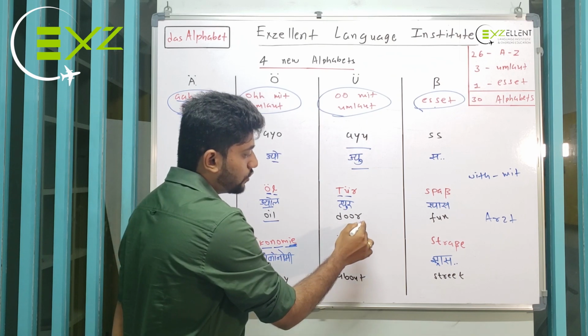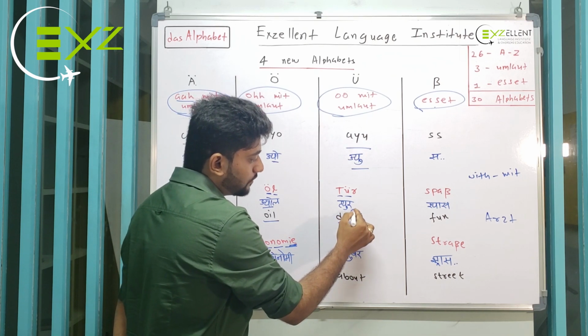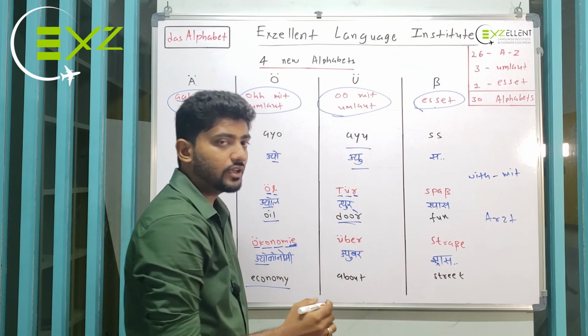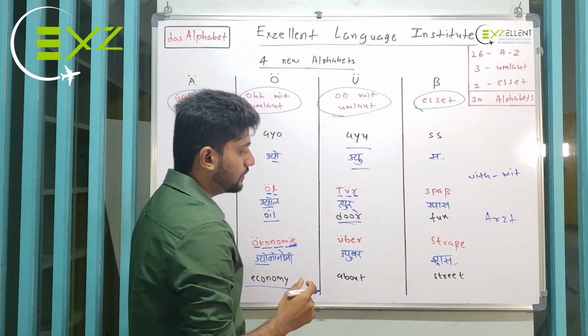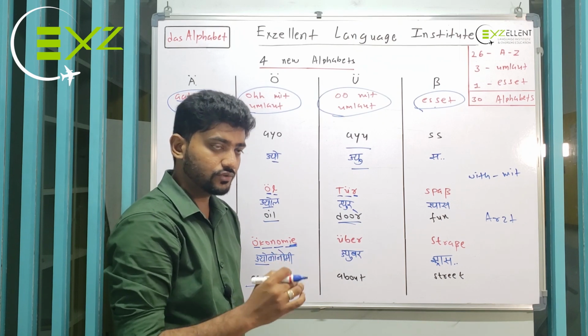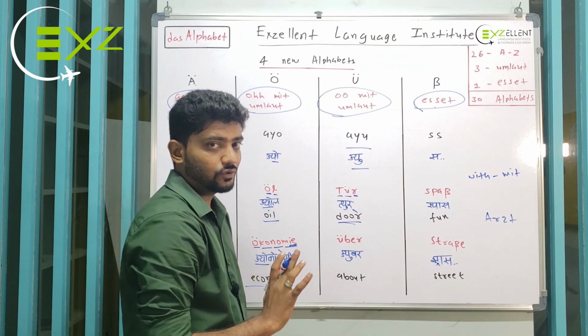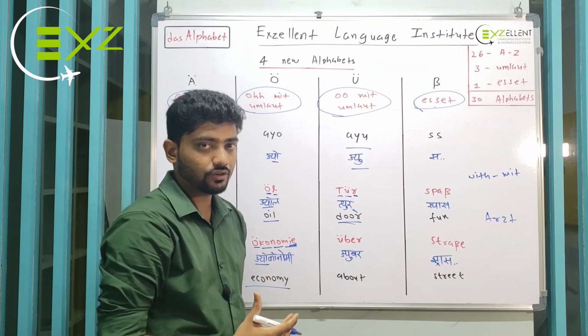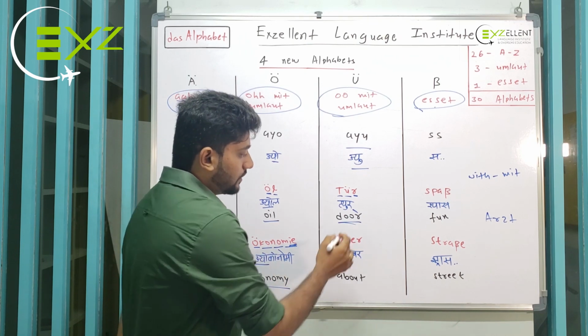Tür means door. See here, R we are pronouncing really less. We cannot say that R is silent here, but the pronunciation of R will be really less. So pronunciation is Tür. It means door.